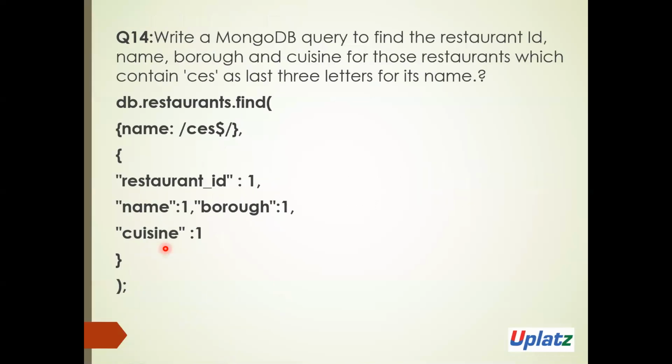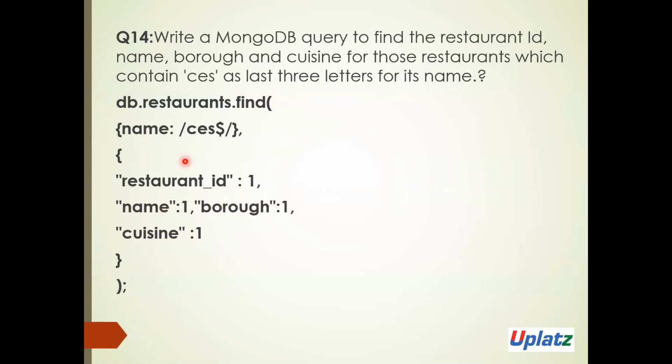The next question is: write a MongoDB query to find the restaurant ID, name, borough and cuisine for those restaurants which contain CES as the last three letters of the name. I want the names that end with CES, and the fields should be restaurant ID, name, borough and cuisine.